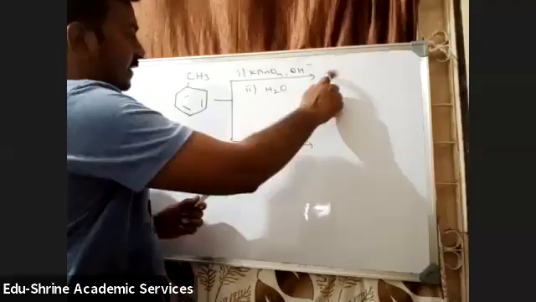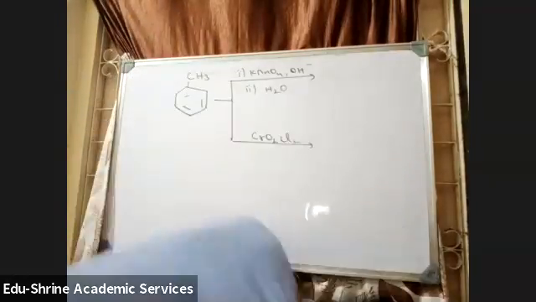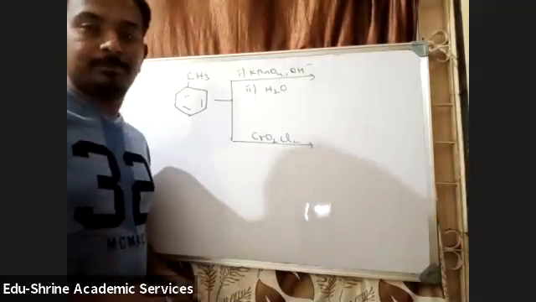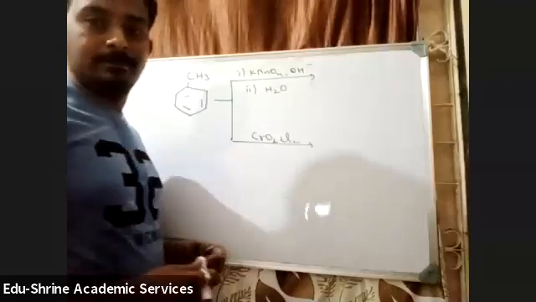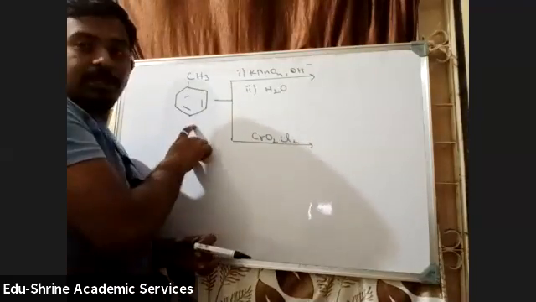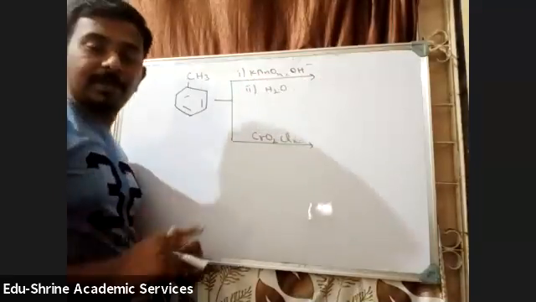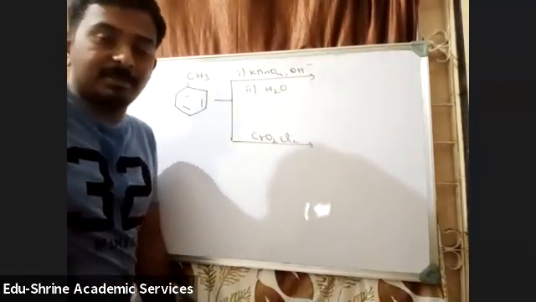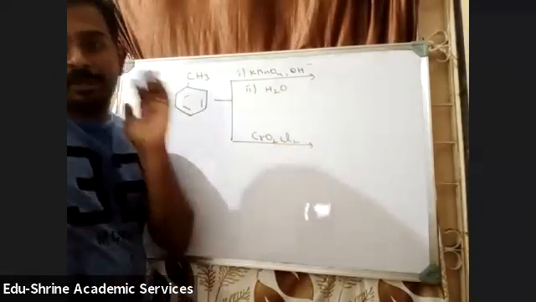What is the product in this case? This is toluene made to react with KMnO4 in alkaline medium followed by hydrolysis. Anyone remember?